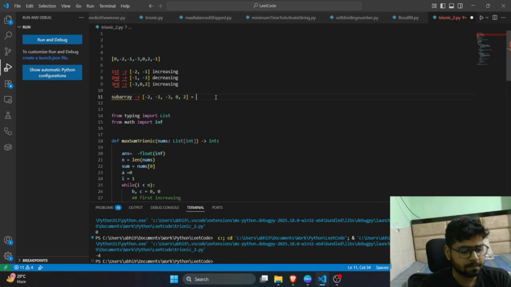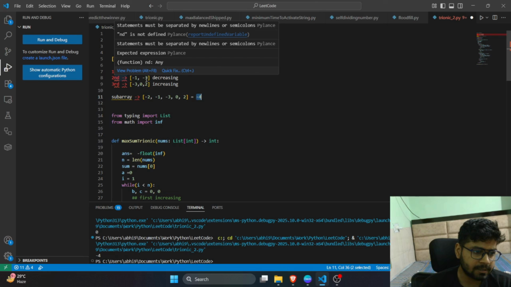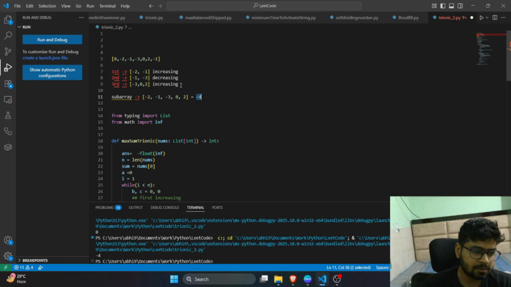We sum it up, and it should be -3, -6, -4. So -4 is the sum of the subarray that follows the instructions given in the problem: the first part increasing, the second decreasing, the third increasing. So it follows that.